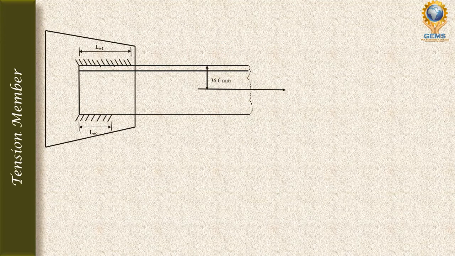From the diagram, we know the center of gravity of an angle is located at a distance of 36.6 mm, and we already found P here, it is 390,600 Newton.